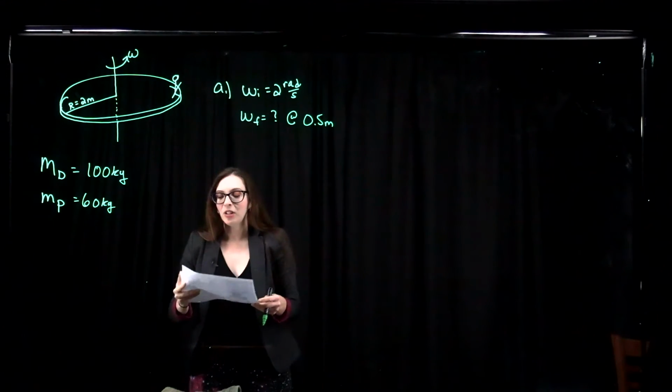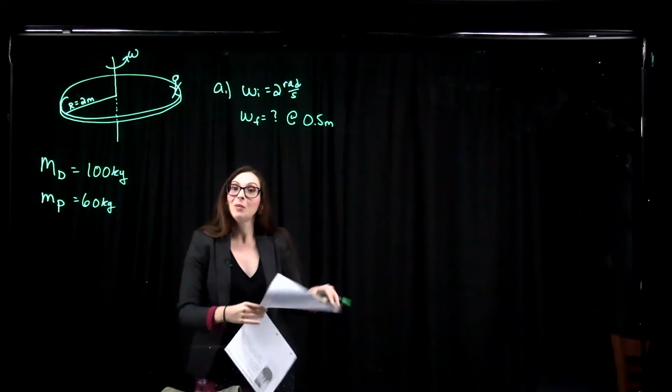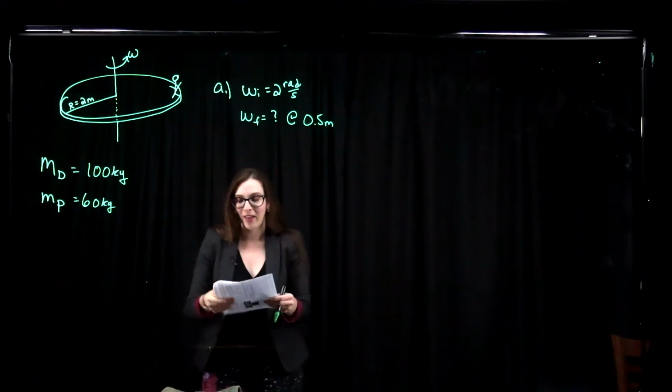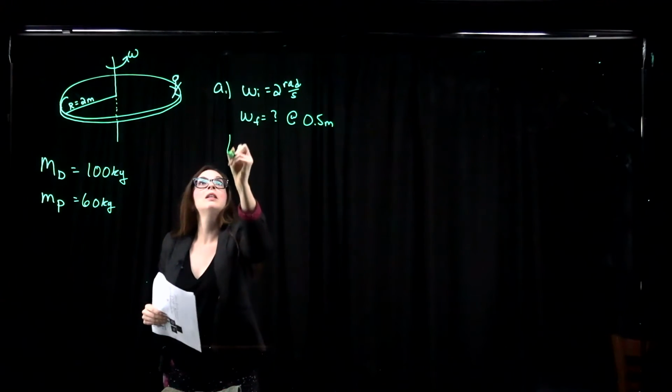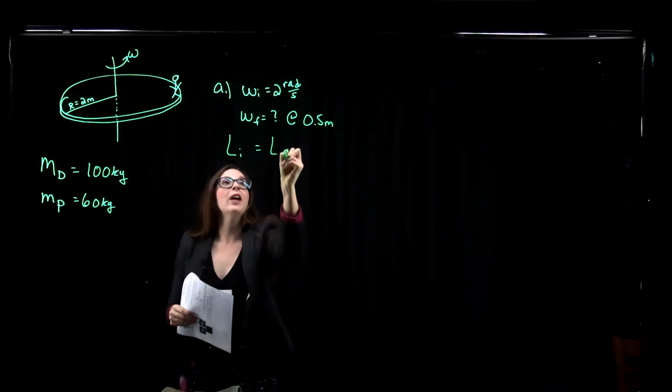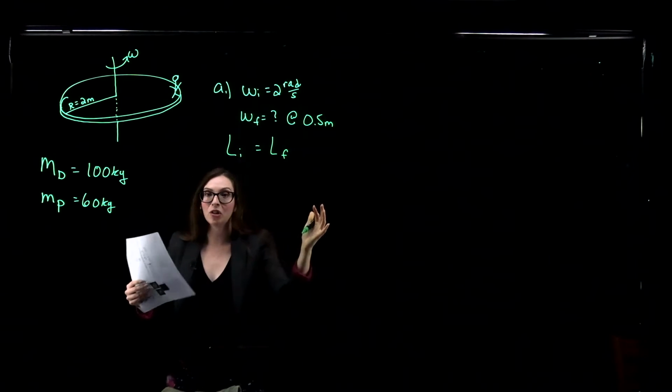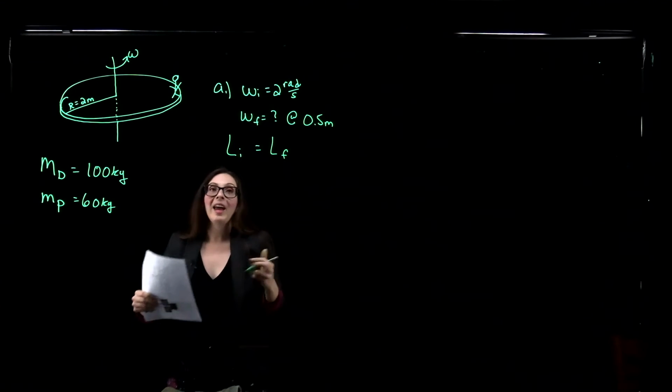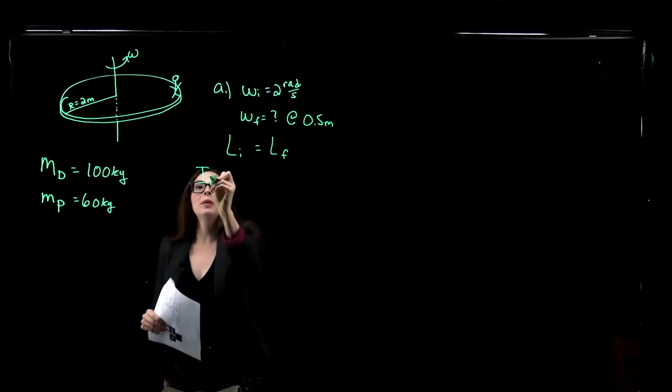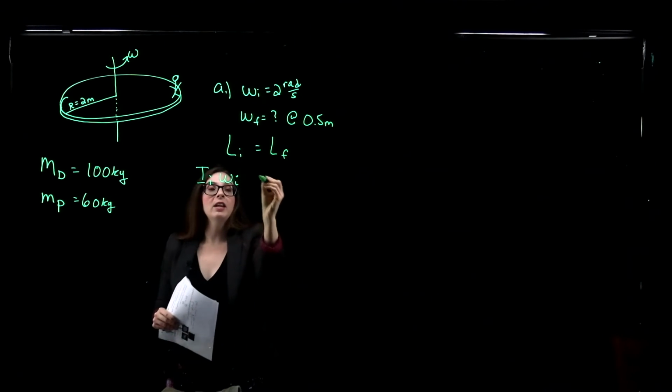So to do that, we have to use conservation of angular momentum. And remember that angular momentum initial has to equal the final angular momentum if we're doing conservation of angular momentum. Angular momentum is our moment of inertia times our angular speed.